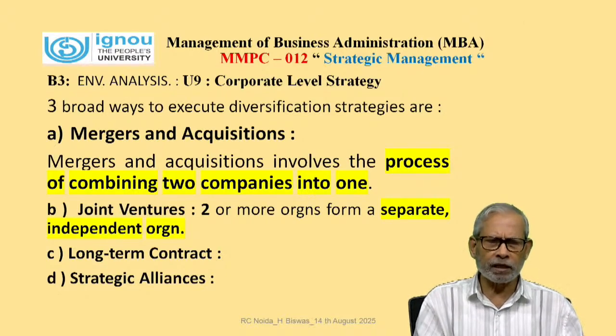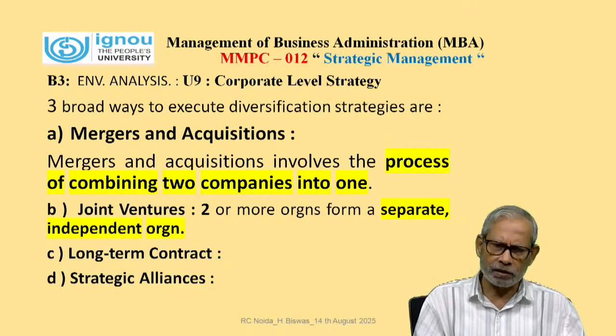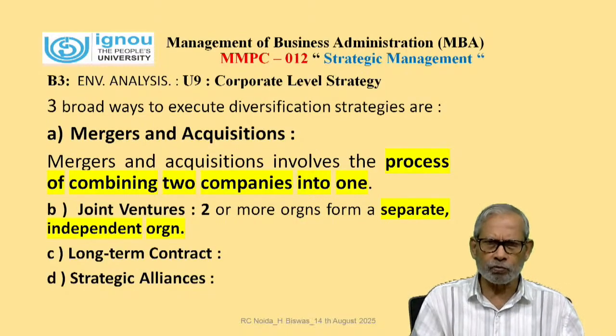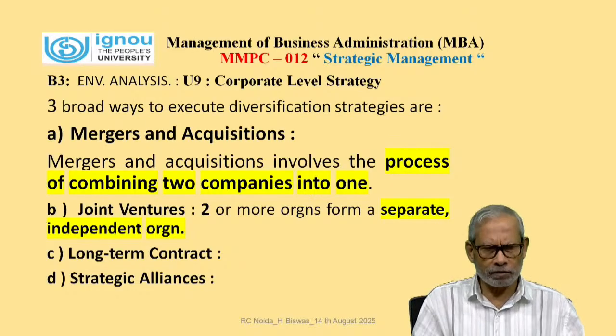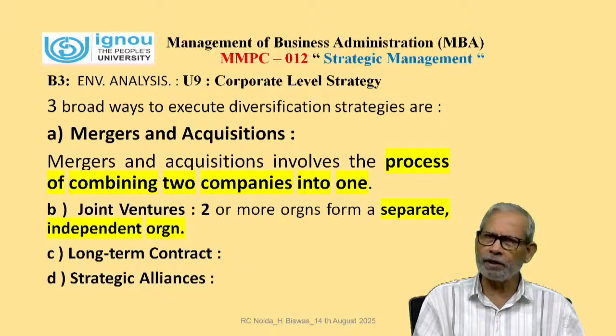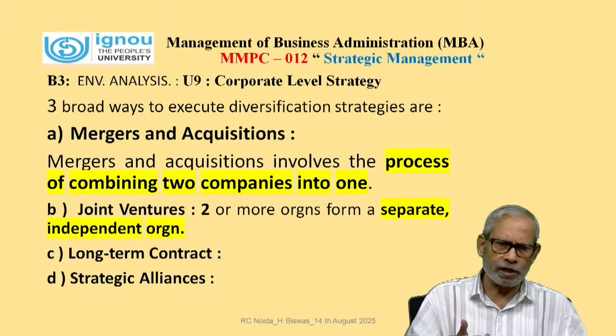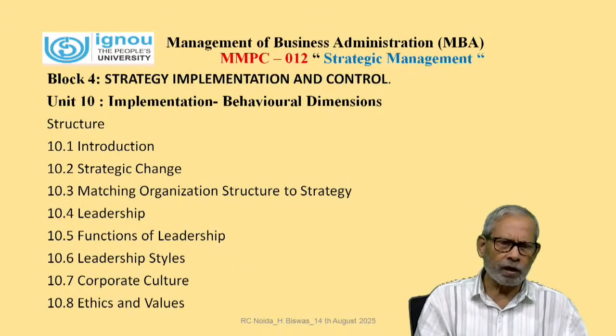There are mergers and acquisitions, which is one of the important areas. It involves the process of combining two companies into one; that is the merger. Then joint ventures: two or more organizations form a joint venture. They have some agreement, but their entities are different. They are separate, independent organizations, but their business is combined. Then long term contracts, and then strategic alliances; a lot of alliances are there. These are the ways.